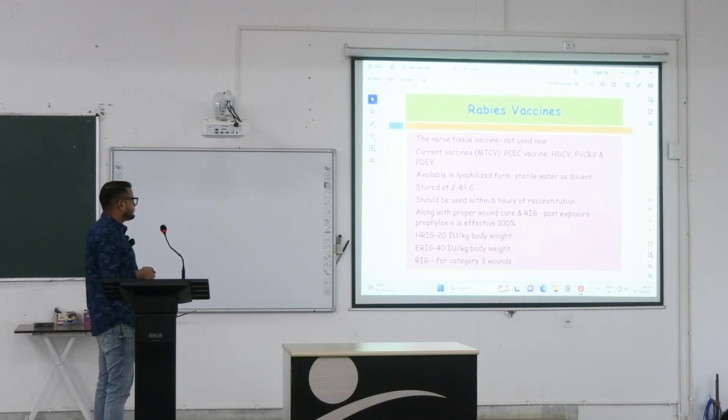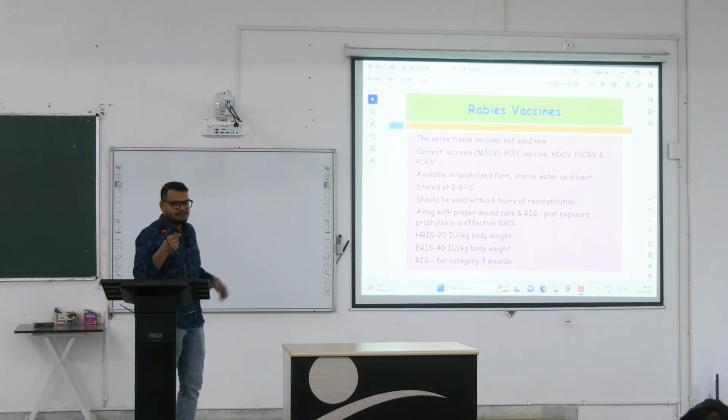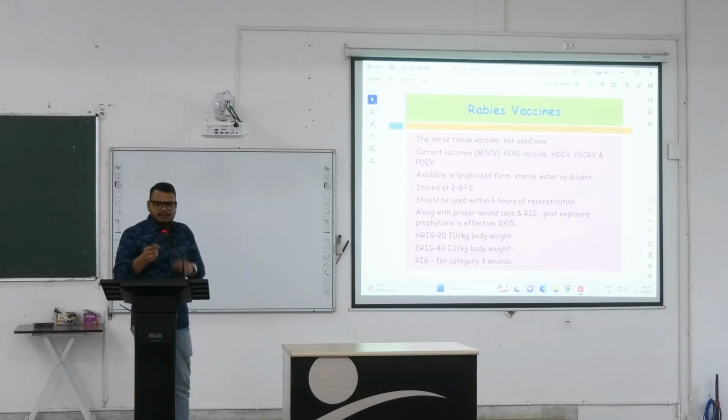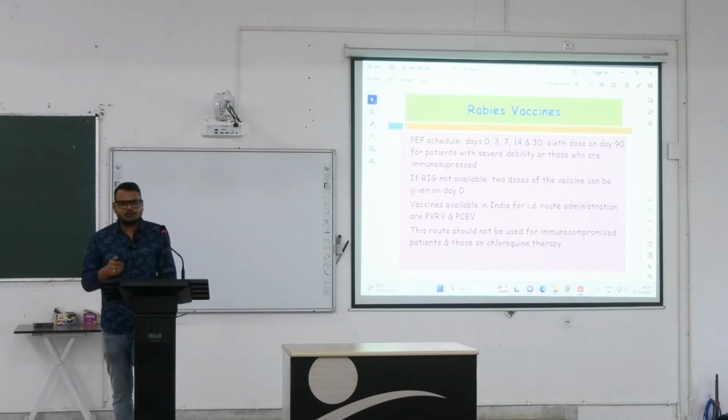Very important for your practice, rabies vaccine. Current vaccines are PCEC vaccine and HDCV, these are the main two forms. Stored at 2 to 8 degrees centigrade, and should be used within 6 hours of reconstitution. So you made the vaccine, you have to use it within 6 hours. Very important, dosing schedule.